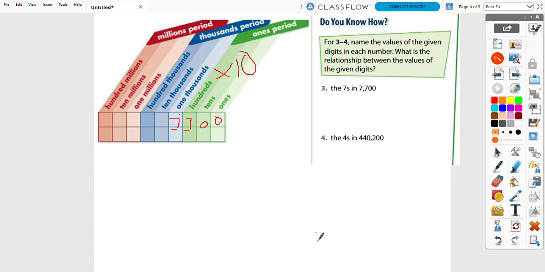Another way of saying that would be that 700s 10 times should be 7,000. So let's pull it out looking at an expanded form. First of all, we know that 7,700 is 7,000, and we know that the 7 in 700 is 700.